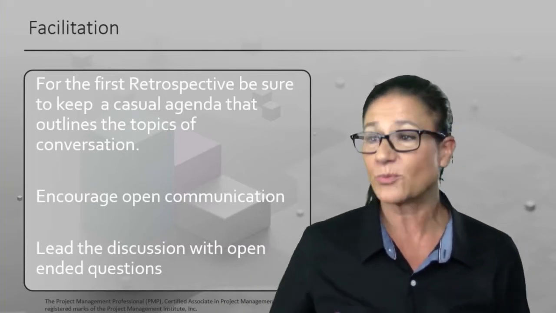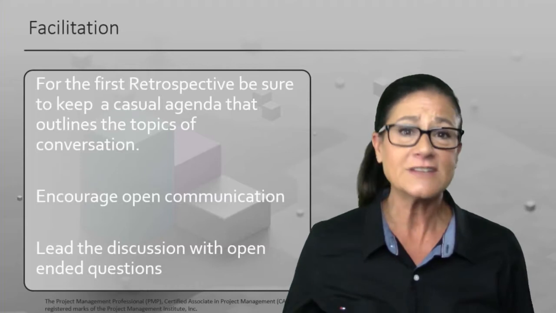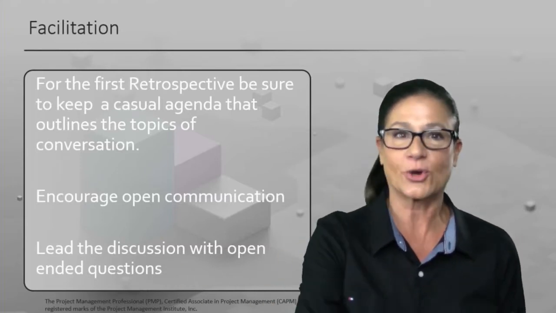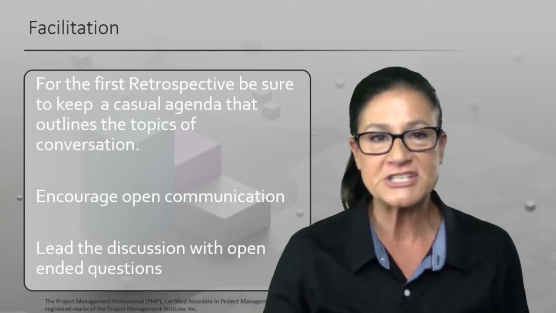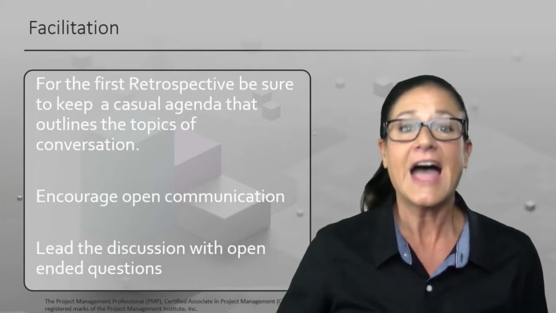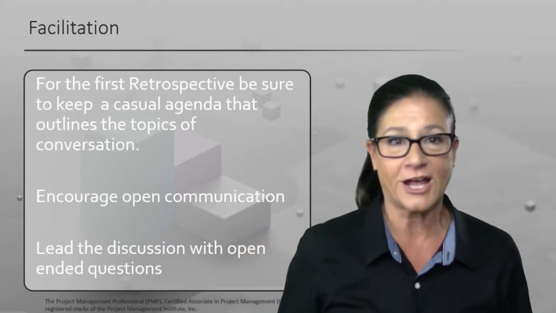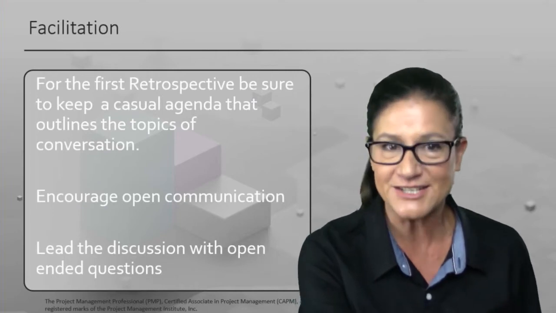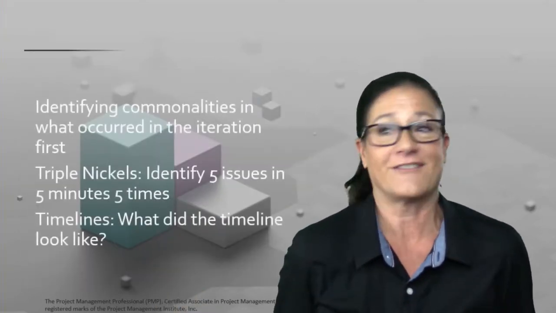Lead the discussion with open-ended questions, nothing that can be answered yes or no, something that has to have discussion around it. So, do you think we did a good job in this last iteration? That's a yes or no question. How can we improve upon the last iteration in continuous improvement going into the next iteration? Well, now we're having a discussion.